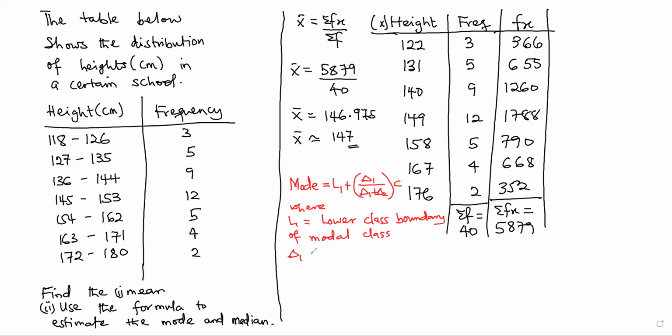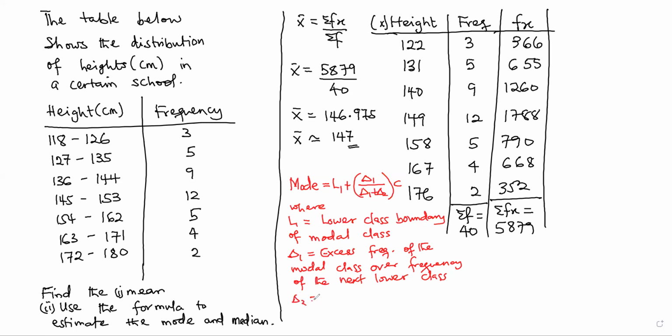Our change in 1 is the excess frequency of the modal class over the frequency of the next lower class. I will come to that in the explanation.